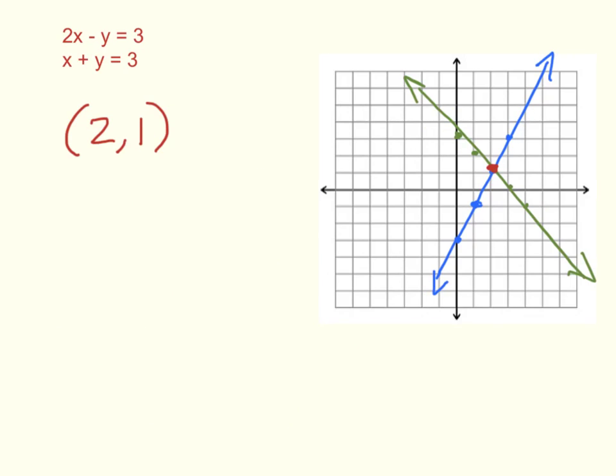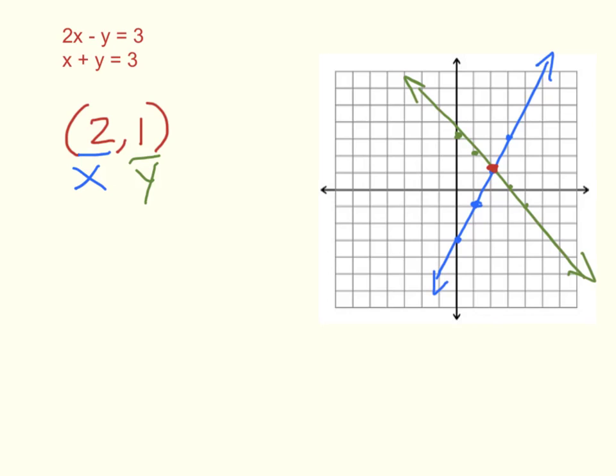Okay, so I've copied my solution onto the next slide here, and here I got 2, 1, and I want to check that now. So you're going to take 2 and you're going to plug it in each time you see an x, and you're going to plug in 1 for every y that you see in each equation, and you're going to make sure that it comes out right.